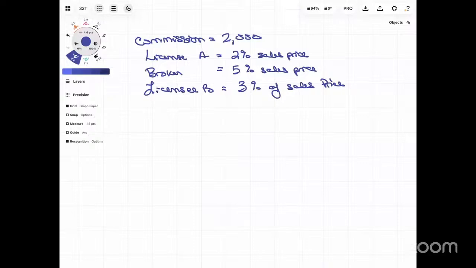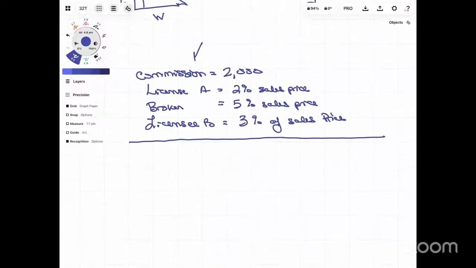Okay, so I've not seen this question in a while, but I'm assuming that what they want us to do is, we know when you look at the whole commission, that number is a percentage of the sales price.